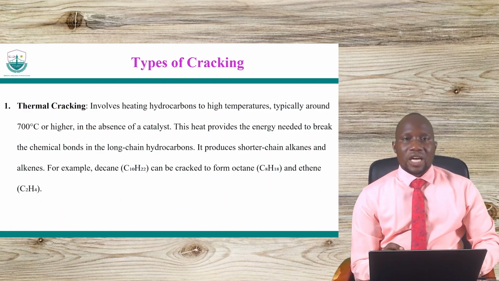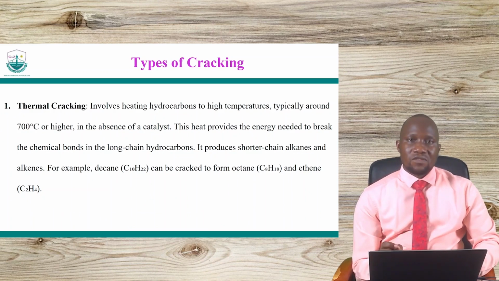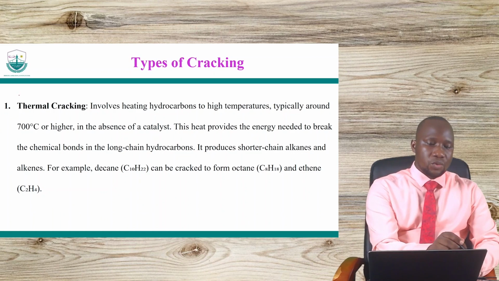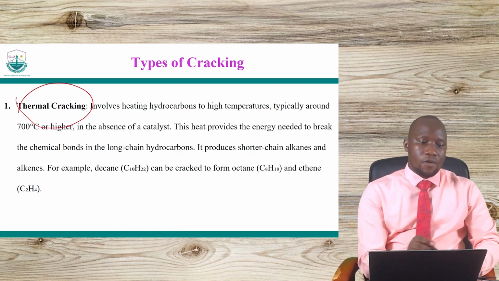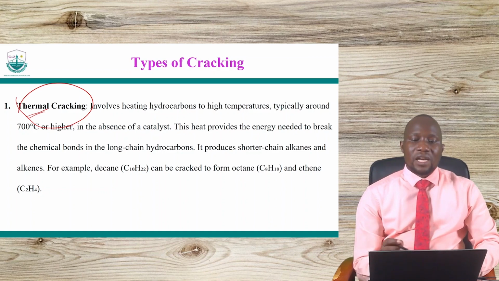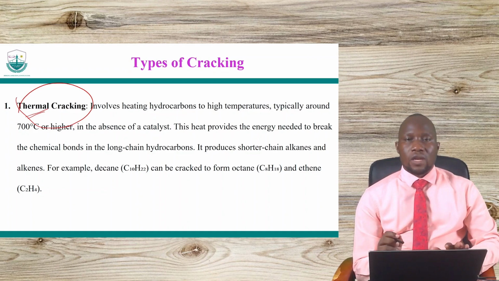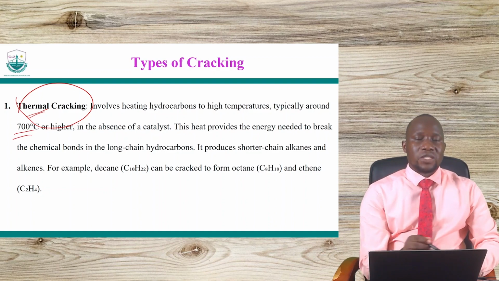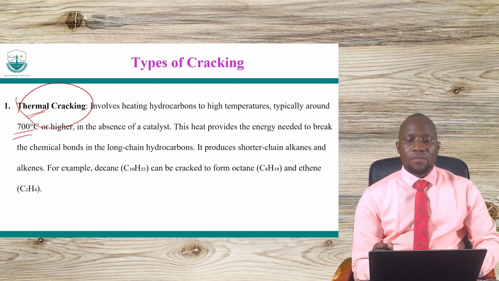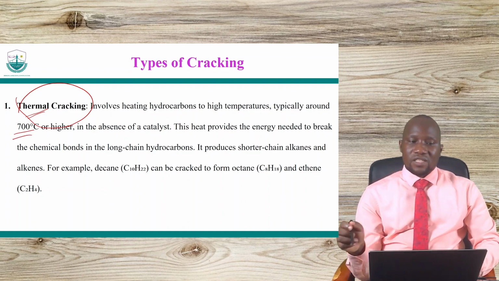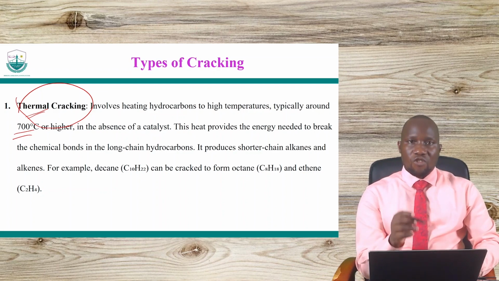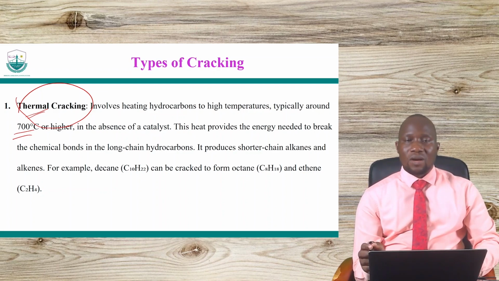The processes can be of two types. Cracking can be of two types. It can be achieved using a lot of heat. That's what we call thermal, thermal meaning heat. So you subject these large hydrocarbons to a lot of heat, about 700 and above, to break these bonds to form the small hydrocarbons.